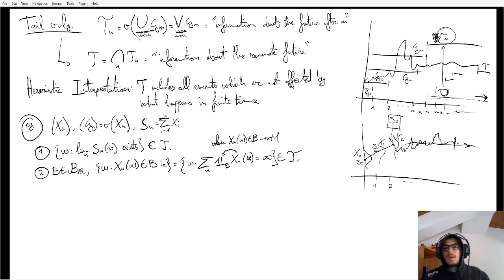Why? Because it can only diverge if we consider an infinite amount of time. Here the situation is something like this. We have, let's say, x0, and let's say B is this set here.